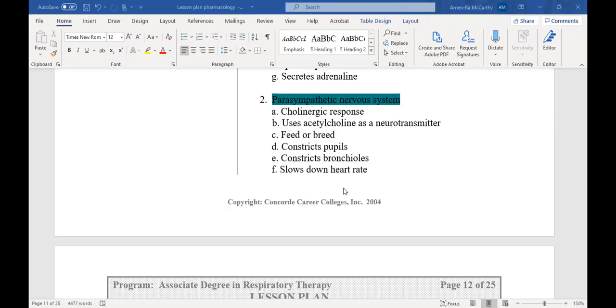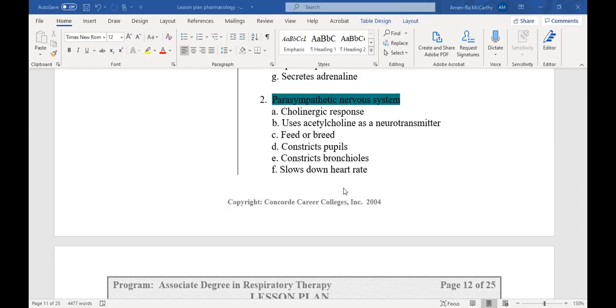Your pupils will constrict. Ms. Scott, what's something else that happens? Your heart rate is slowing down. Slowing down, good. And what's the main thing for respiratory, Ms. Rose? Constriction of the bronchioles. That's what we're mostly concerned about, right?